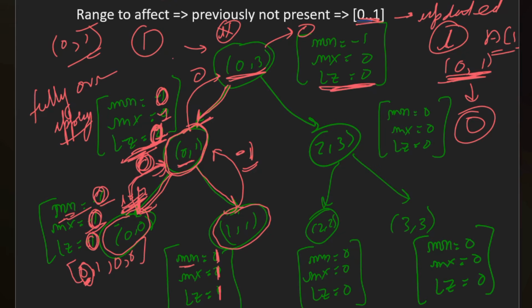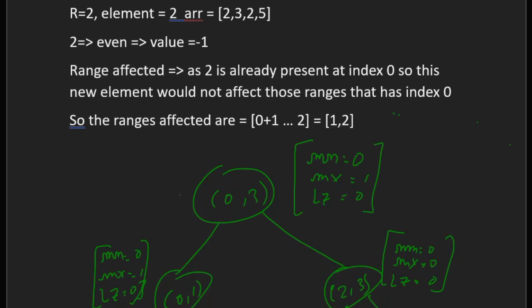Then we will be shifting our right pointer to 2. At r is equal to 2, our element is 2. So if you'll see in the array, now we are here. Already we have 2 at index number 0, right?